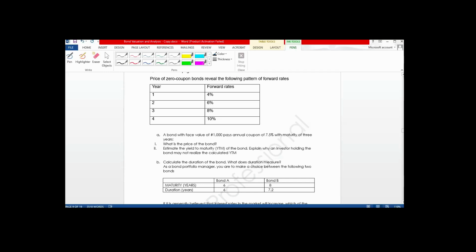Recall, to calculate the duration of a bond, you have three steps. Step 1, you are going to calculate the bond yield to maturity.